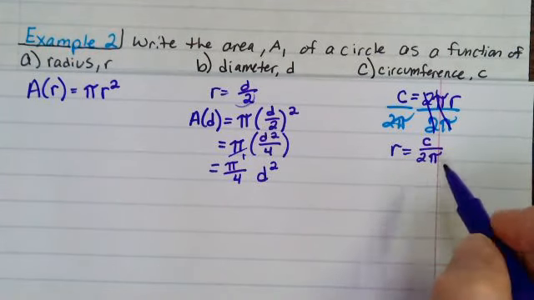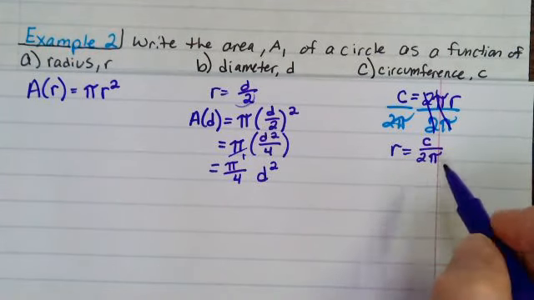Just like on the last one, I'm going to work on cleaning this up a little bit. So this is pi, but c squared would be c squared. 2 pi squared would be 4 pi squared. And another nice thing that will happen here is this pi is over 1, and that pi will cancel with one of these pi's down there.